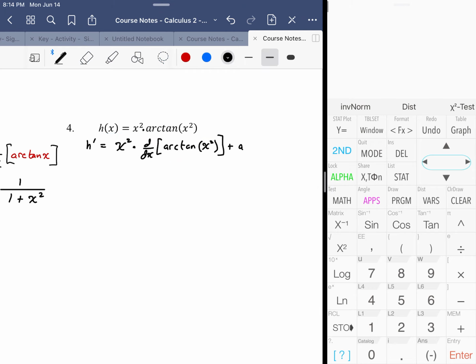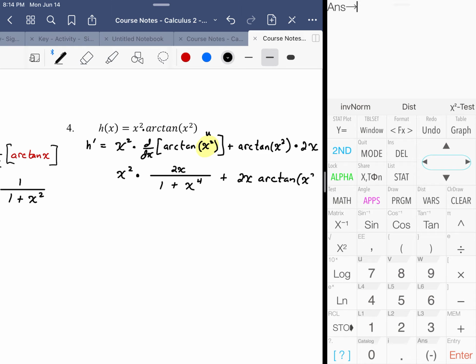Alright, so plus arctan of x squared times derivative of the first is the 2x. Alright, derivative of arctan x squared, well, we know what our u is. So 2x over 1 plus u squared, so x to the 4th multiplied by the x squared plus 2x arctan x squared.